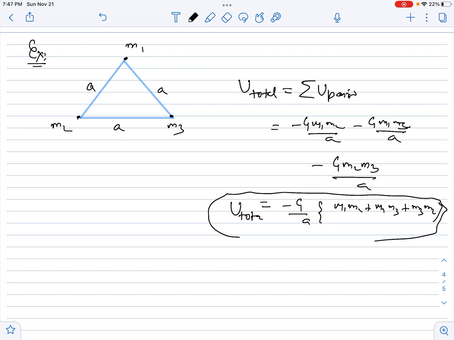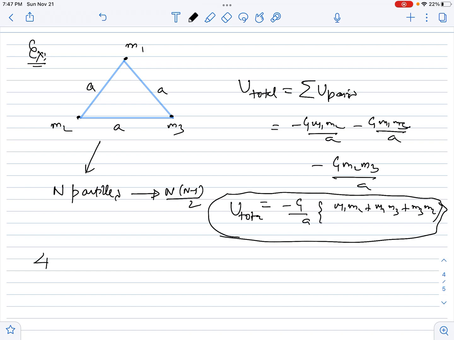Okay, got it? Now things will become a little bit tougher if you have more particles. There is a simple trick there. If you have n particles, with the help of permutation and combination, the number of pairs will be n into (n minus 1) by 2.